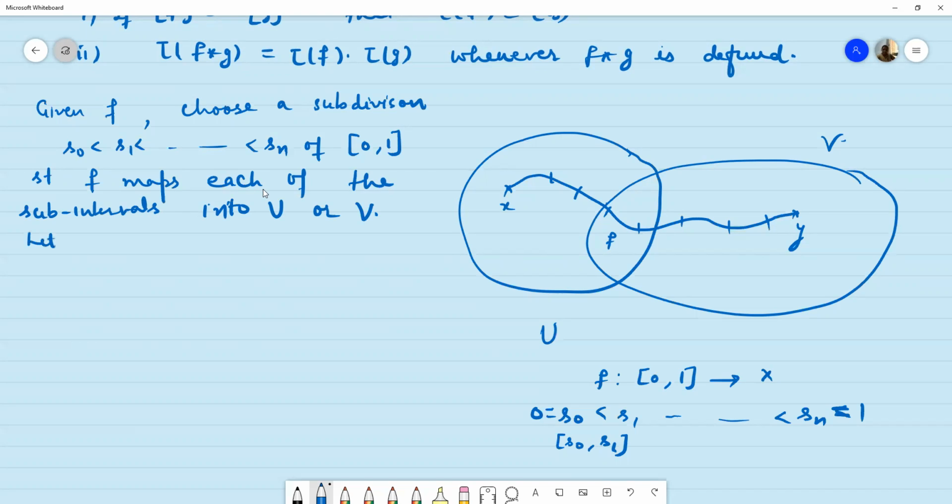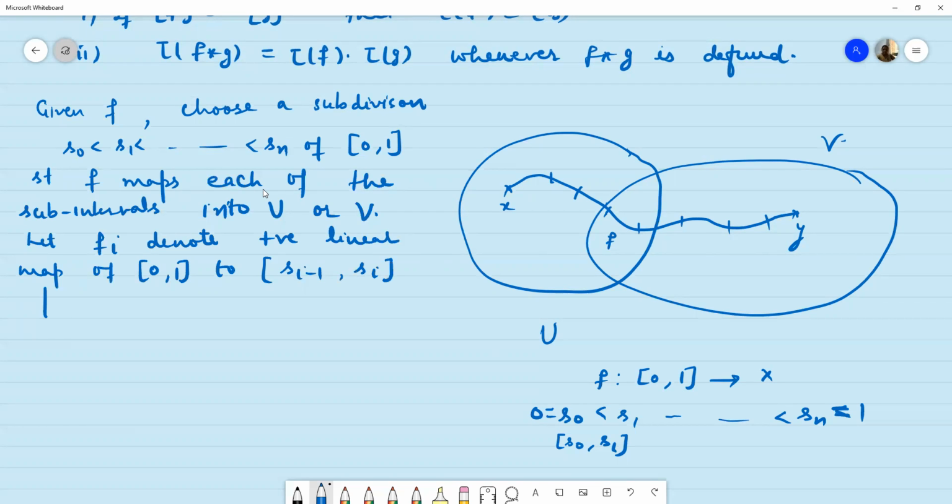And let fi denote the positive linear map of the interval [0, 1] to the interval [si-1, si] followed by f. What does it mean?